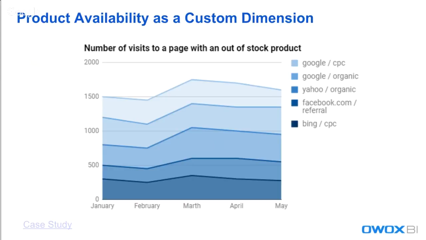But do you ever know how many Google AdWords clicks you pay for, how much you spend on those clicks, and users who land on a page where a product was not available? In this report, you may see how many visits were made to a page with an out-of-stock product, and through what channels those visitors come to your website.